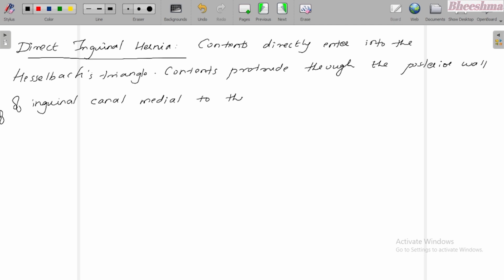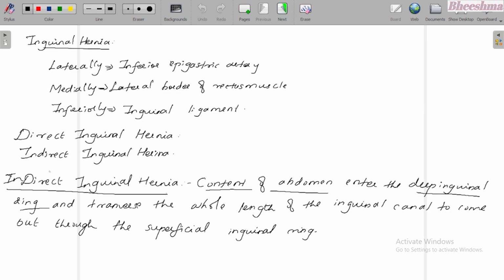Medial to the inferior epigastric vessel. Here about indirect inguinal hernia.